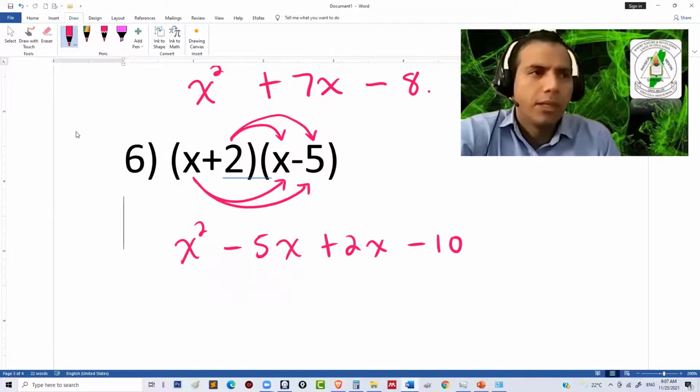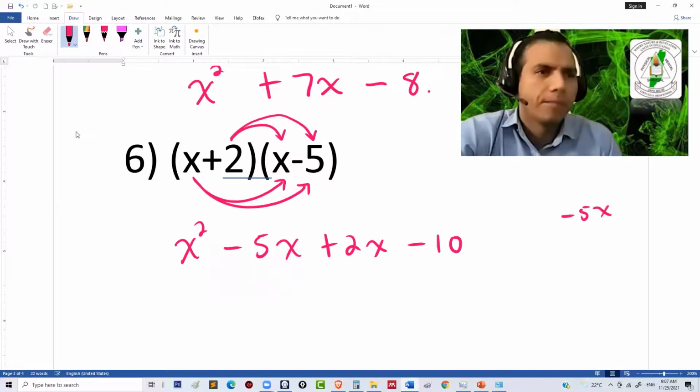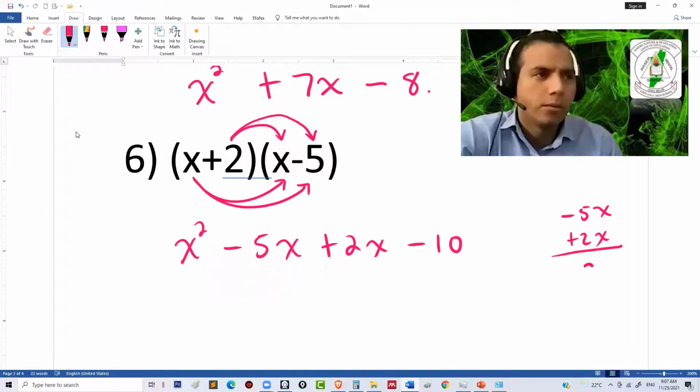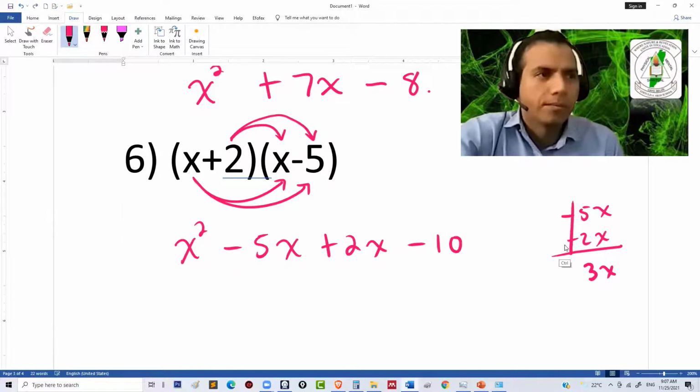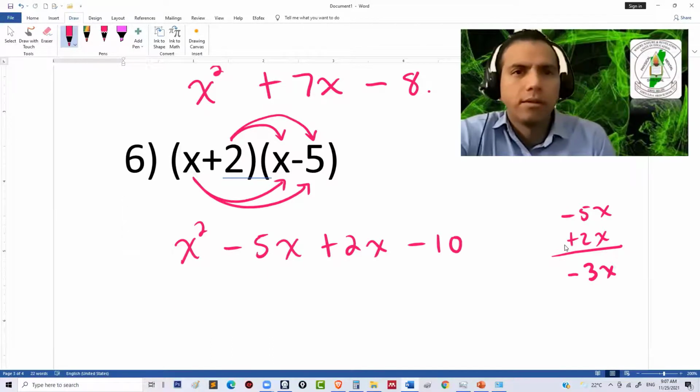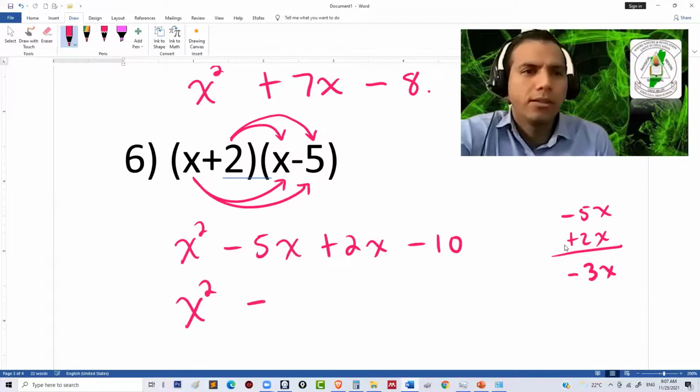So we simplify the middle terms, negative 5x and positive 2x. Signs are different. When signs are different, you subtract and you take the sign of the larger absolute value. So we subtract, we get 3. Which of these has the largest absolute value? Well, 5. And the sign of 5 is negative. So x squared minus 3x minus 10 is the answer.